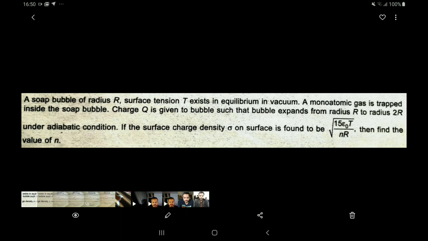So you must be remembering the adiabatic formulas. If the surface charge density sigma on the surface is found to be root of 15 epsilon naught T by nR, then find the value of n. This is what the question is asking.